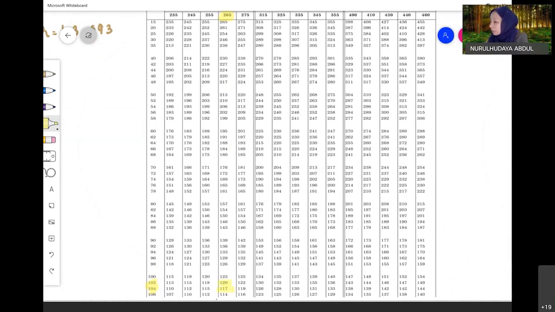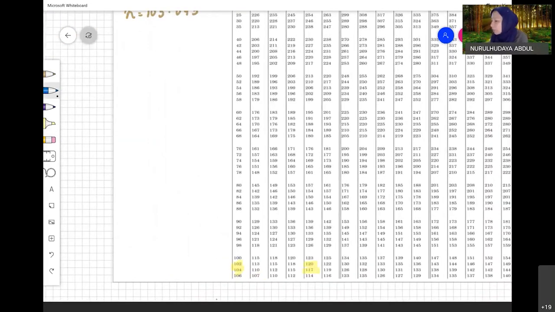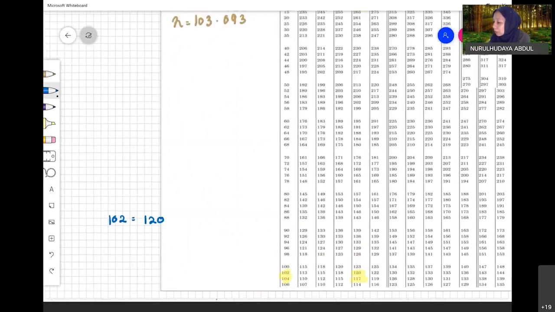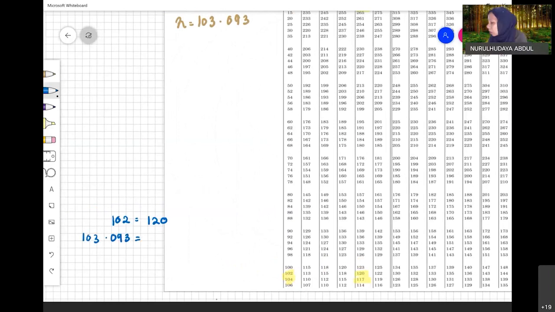The same method, the way we calculate this one: 102 equal to 120, and then our slenderness ratio value, we don't know PCY, and then 104 equal to 117.